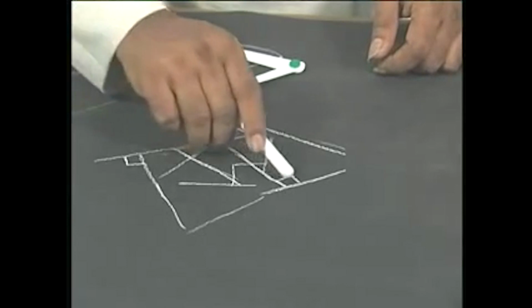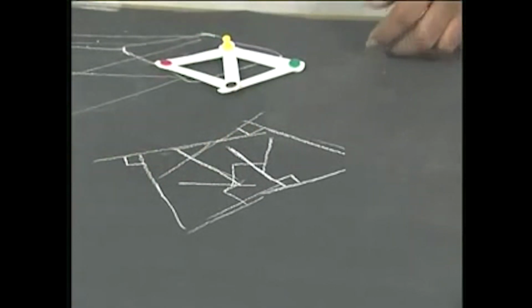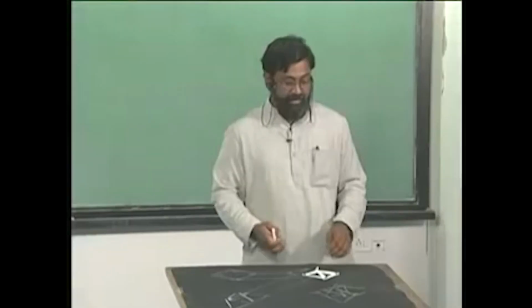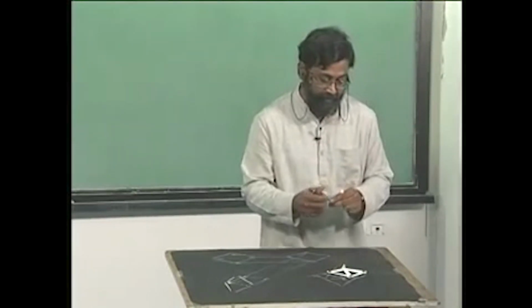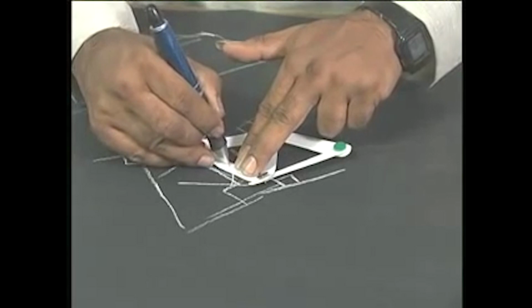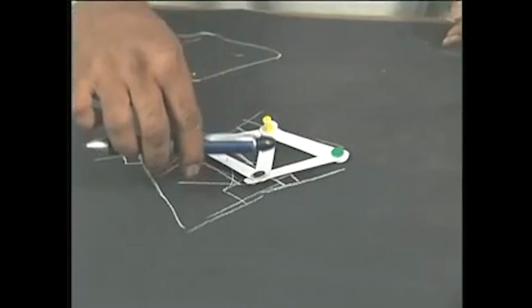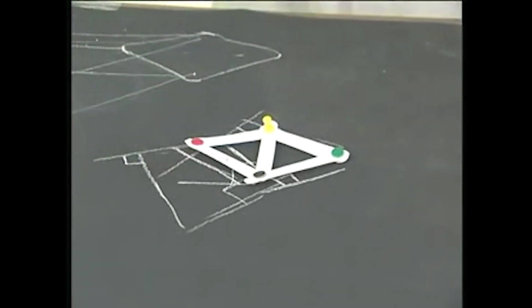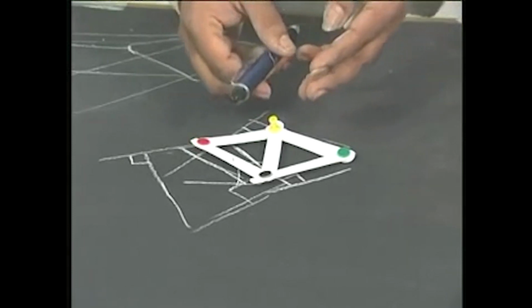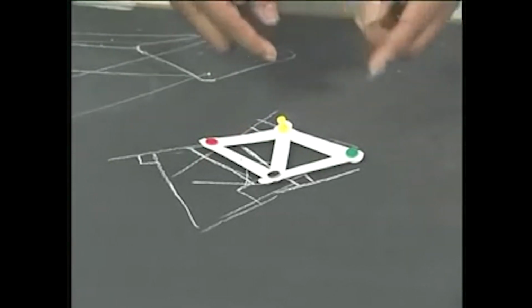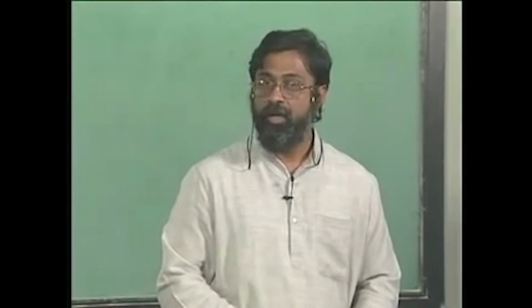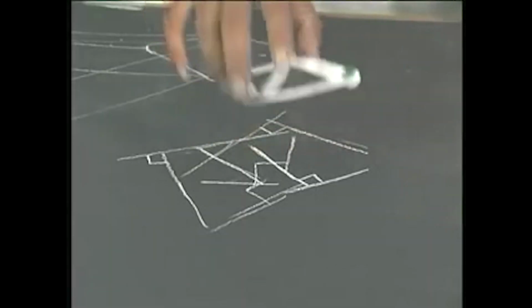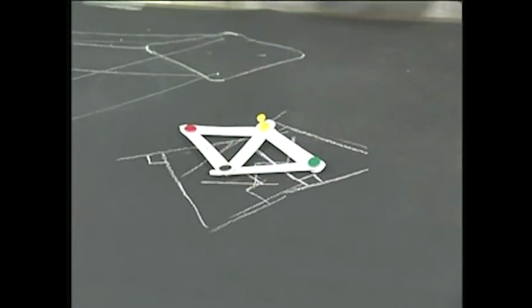Similarly, this outline has become this outline, this is 90 degrees. You can see that any arbitrary line that I draw here would have undergone a 90 degree rotation, and therefore, if I rotate by a theta, every line on this would have gone through a rotation theta, or in other words, this rigid body has undergone a rotation theta.